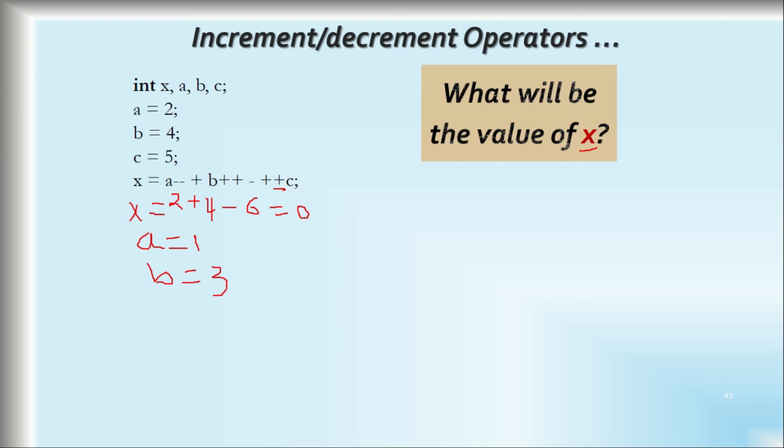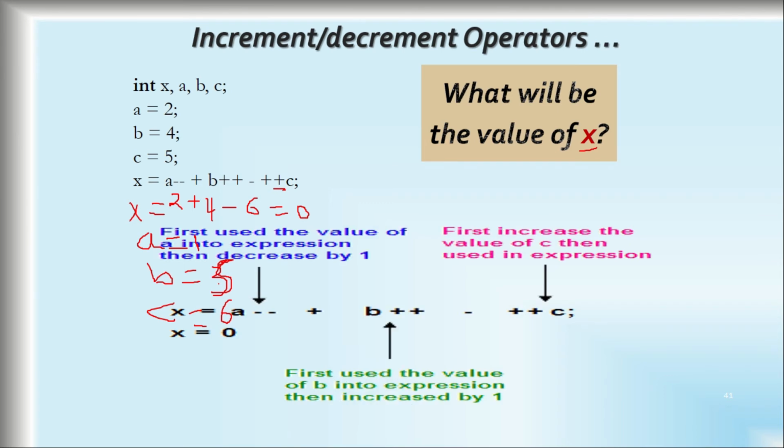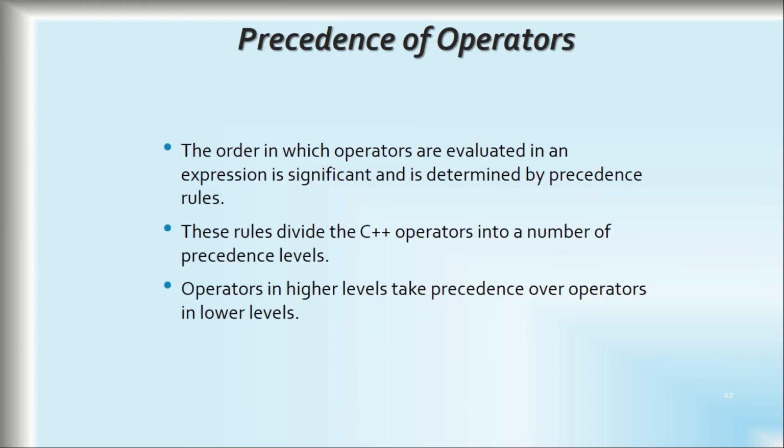B is equal to 5 after b++, c is equal to 6, incremented by 1, and a decremented by 1. I think this is the solution of this problem. Yeah, x = a-- plus, x is 0. Yes, right. For b++ and a--, first use the value of b in the expression, then increment by 1, as I told you. The same.